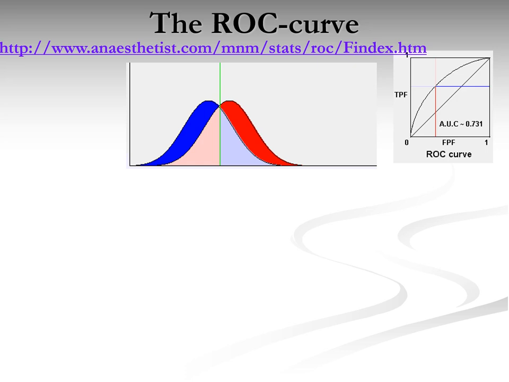And so that curve that is given in that plot describes how the sensitivity and the specificity are related to each other, and the values depend on the threshold that is used.